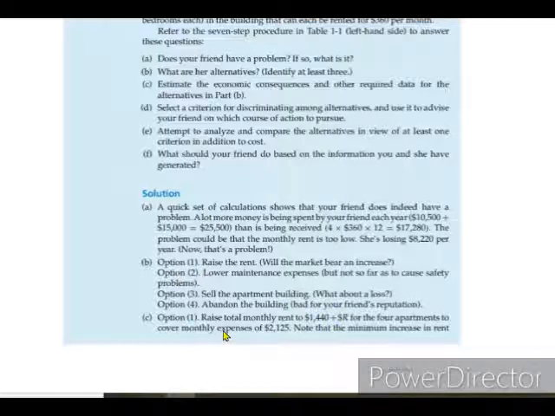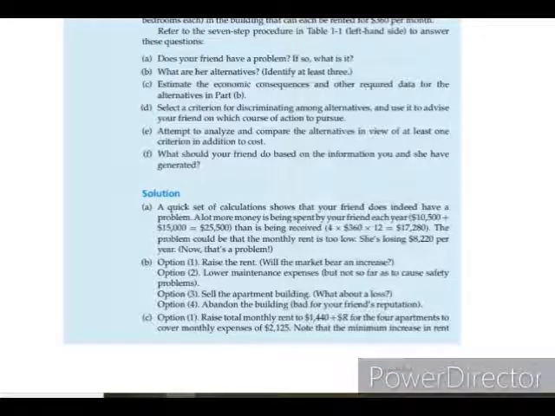Okay, so option 1, raise total monthly rent by $1,440 plus dollars for the 4 apartments to cover monthly expenses of $2,125. So you can raise the rent, okay, with the plus dollar, okay, for other expenses.